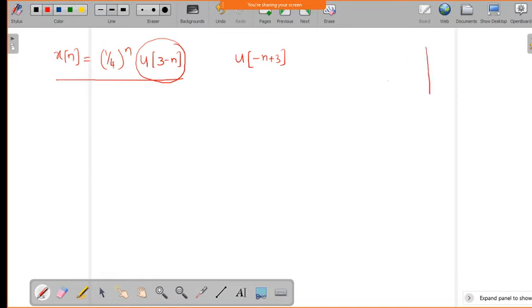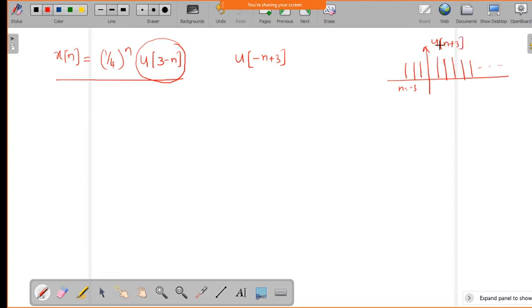So you have the u(n) like this. Now shift the values by plus 3. If you do plus 3, you will get it like this up to n equal to minus 3. So we can write it as u(n plus 3).